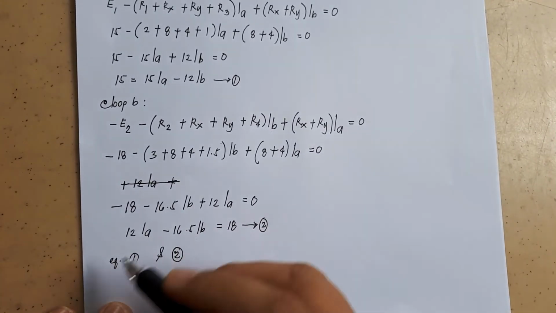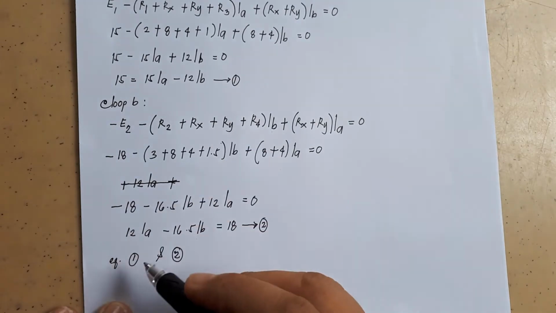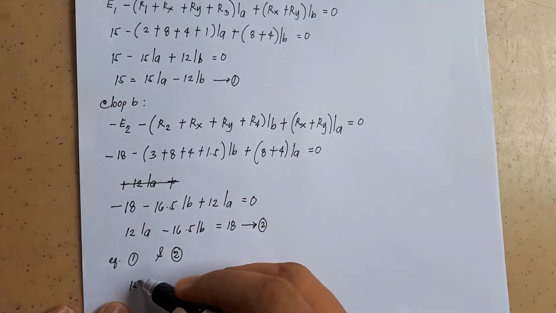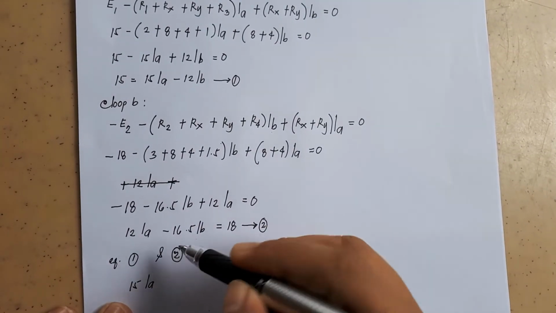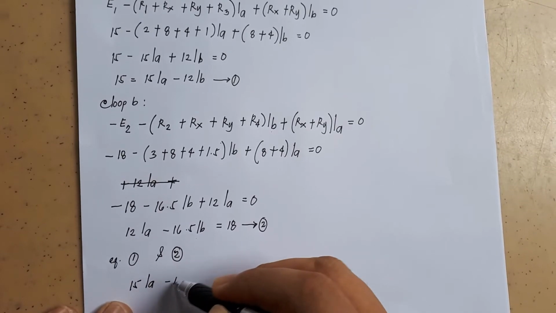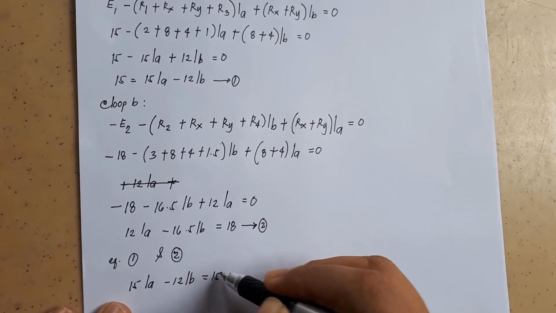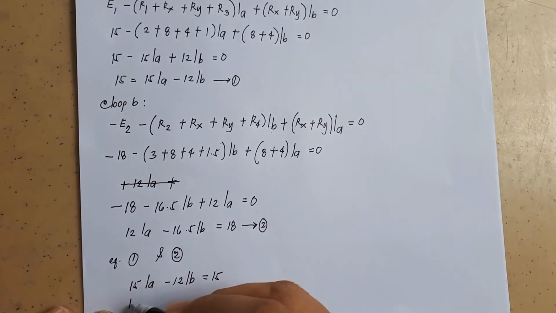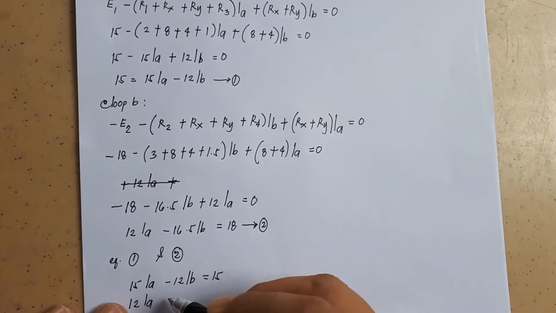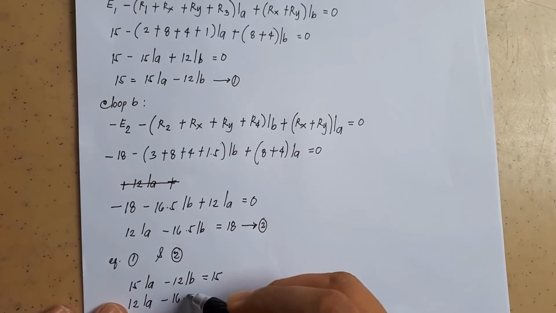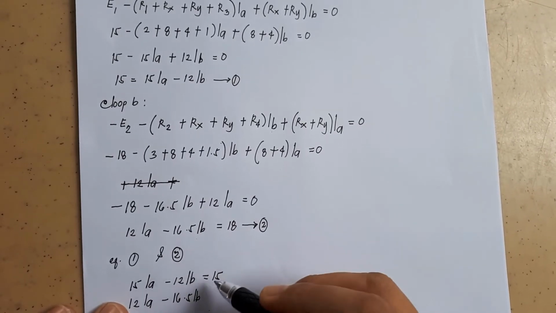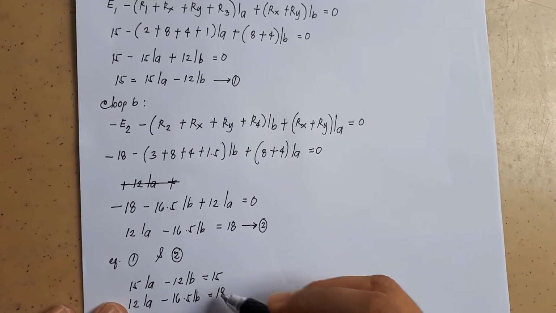We have 15 IA minus 12 IB is equal to 15. That's equation 1. And then equation number 2, we have 12 IA minus 16.5 IB is equal to 18.